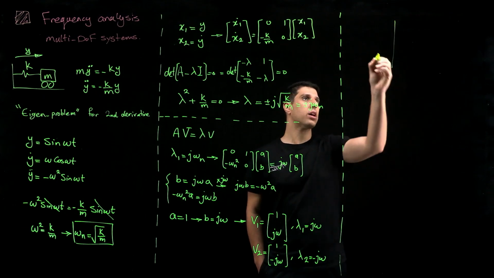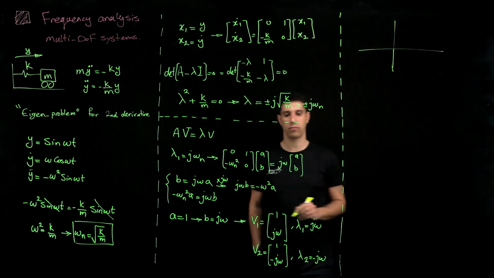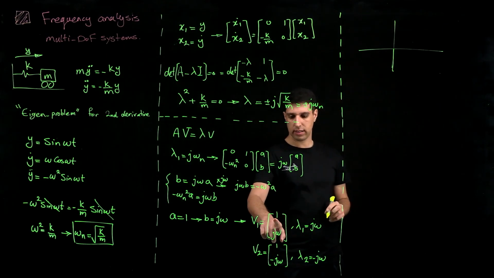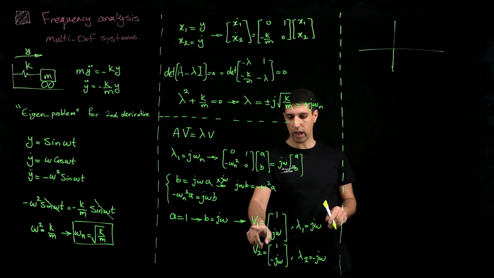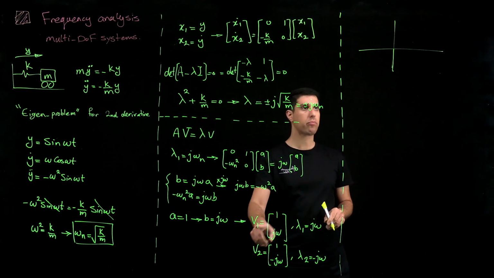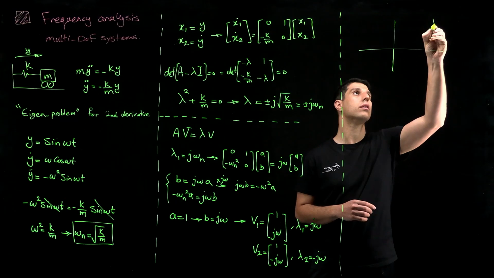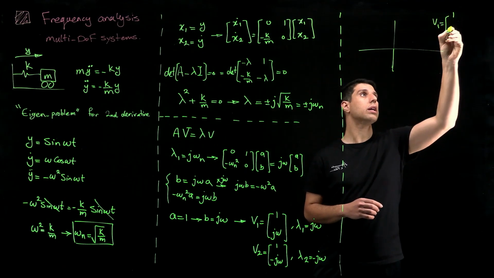So let's look at the complex plane. And what I have here is a vector. Let me write it down again here. V1 equals 1 and j omega.